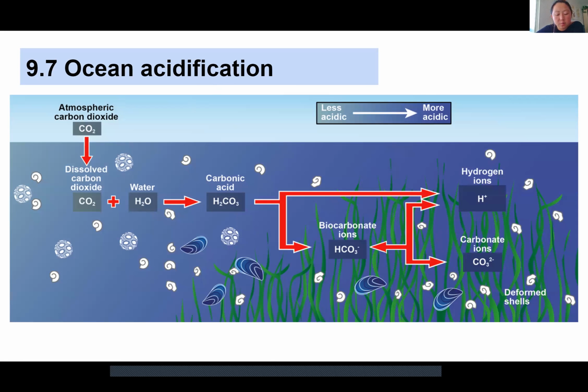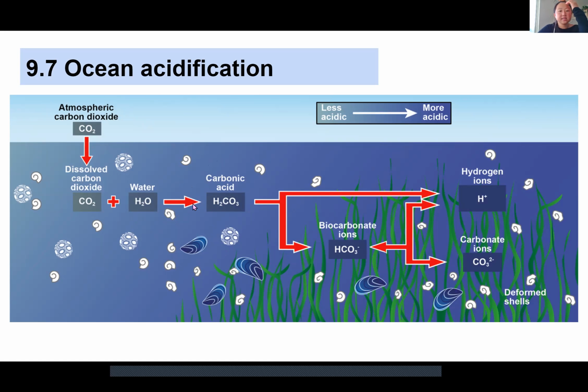And so when there's more CO2 in the atmosphere from the factories, from the cars, from just burning fossil fuels in general, it dissolves into the ocean, because the ocean, remember, is a huge carbon sink, if we remember from Unit 4. Carbon dioxide dissolves into the ocean, and when it mixes with water, it becomes carbonic acid.